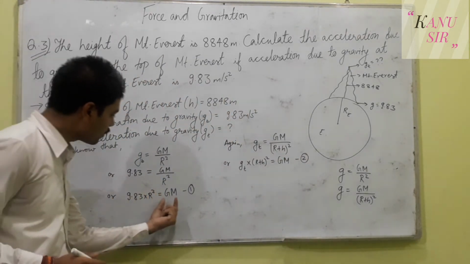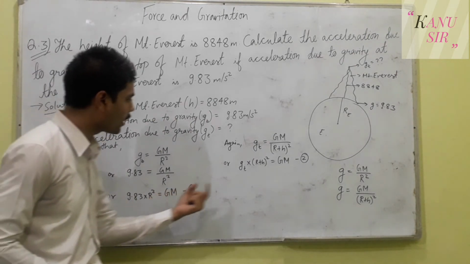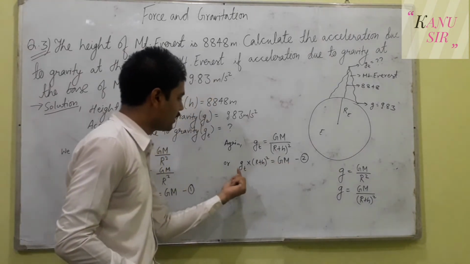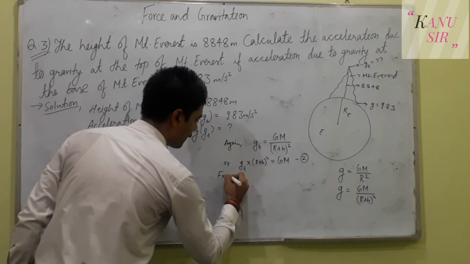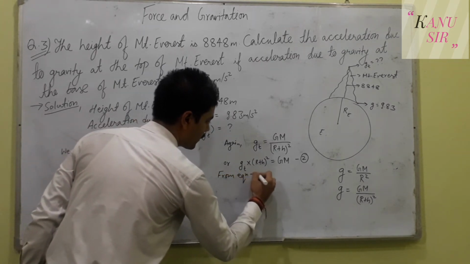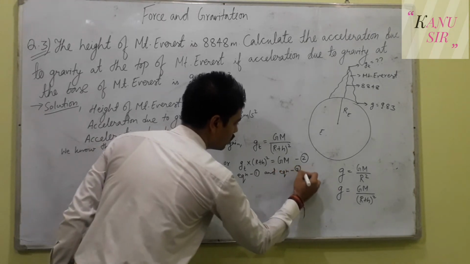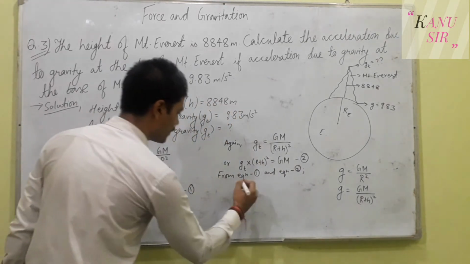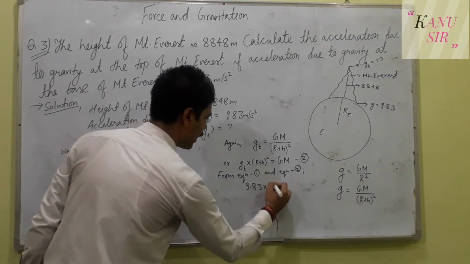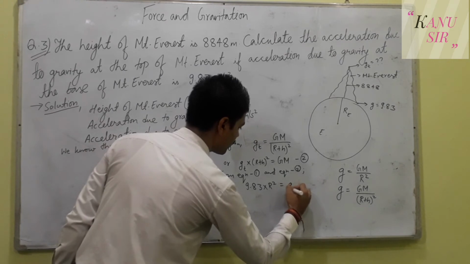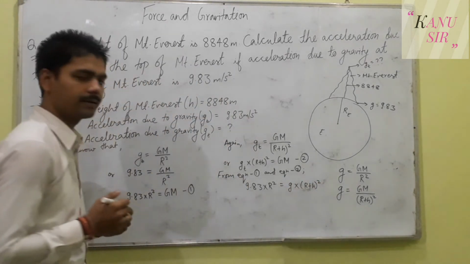Now we come to know the value of GM is 9.83 times r square, and also the value of GM is g into (r plus h) whole square. From equation 1 and equation 2, we can equate the value of GM, that is 9.83 into r square and g into (r plus h) whole square.